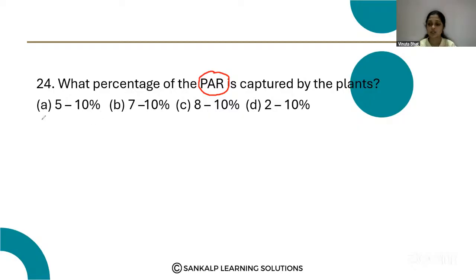Option A, 5 to 10%, option B 7 to 10%, option C 8 to 10, option D 2 to 10%. So here the correct option is option D, 2 to 10%. That is called PAR, photosynthetically active radiation.